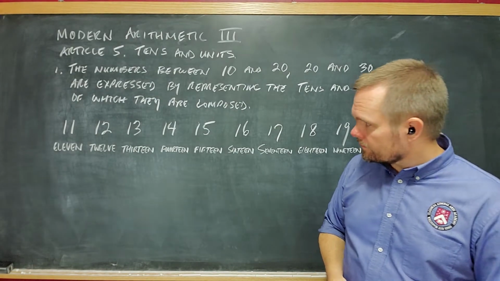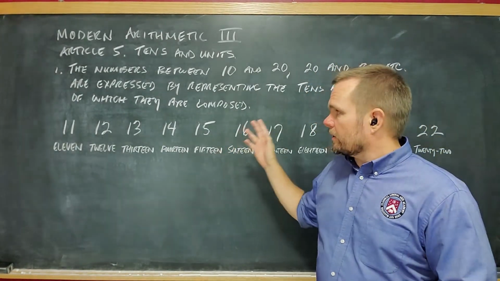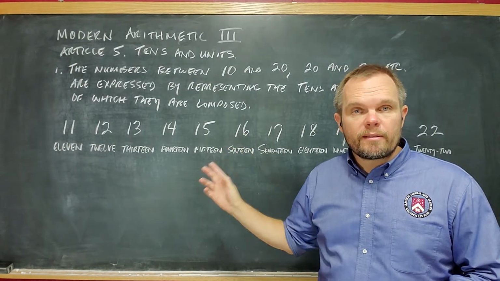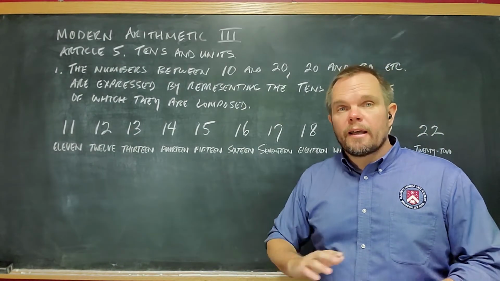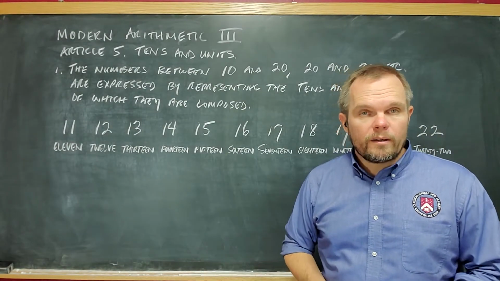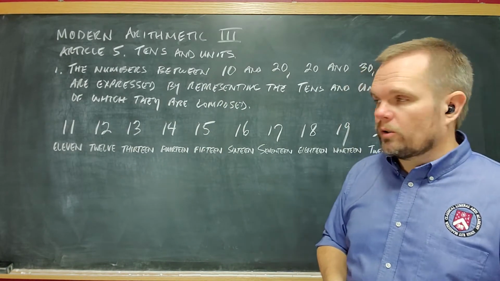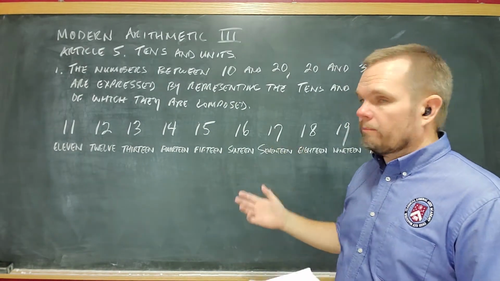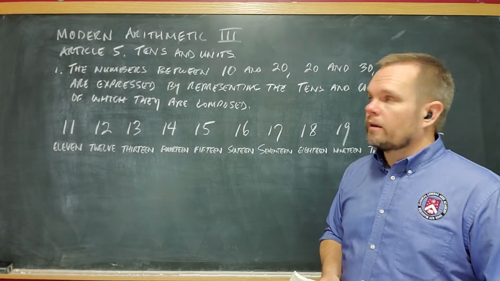Okay? And as I said, this is a very important lesson because this is going to teach us everything that we need to know to write or read any number from 1 all the way up to 100 in Arabic notation. So make sure you know articles 1 through 4.